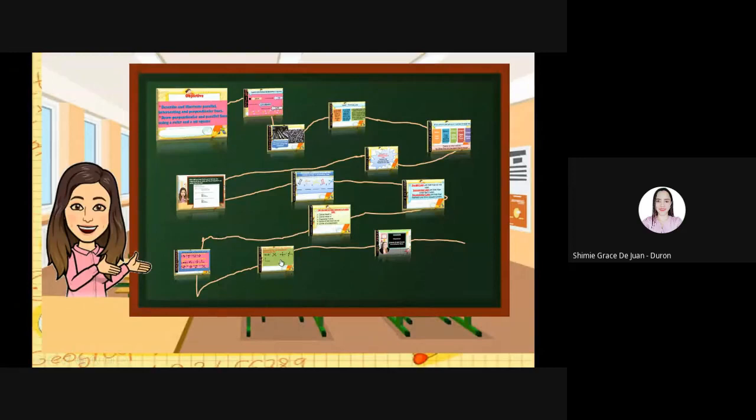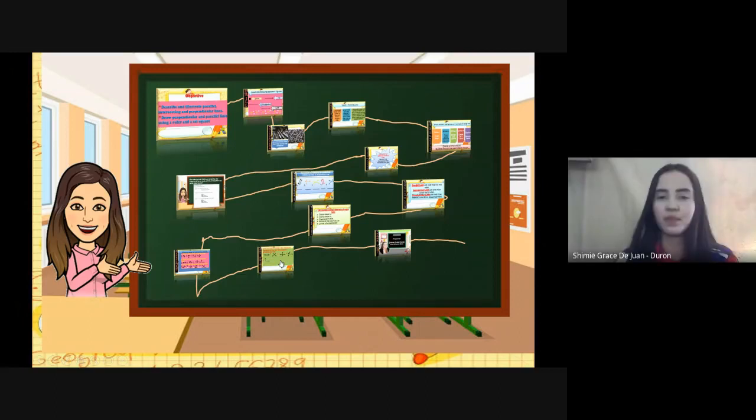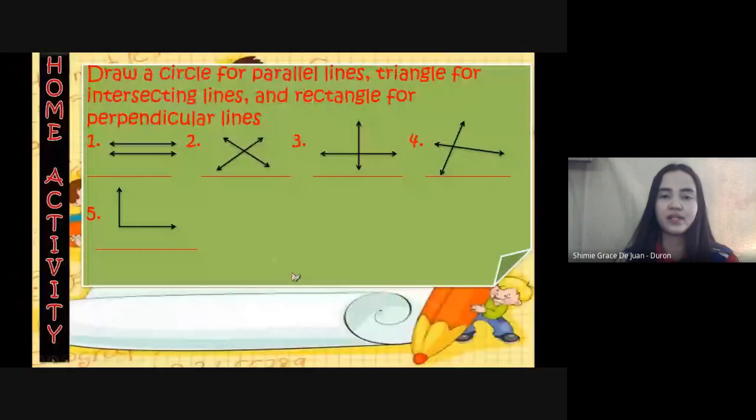Very good, kids. So we are about to be done with our lesson for this week. The remaining activities that you will be doing will be reflected in your learning activity sheets or your module for quarter 1, week 1. If you want to answer more activities regarding parallel, intersecting, and perpendicular lines, you may answer this simple home activity.